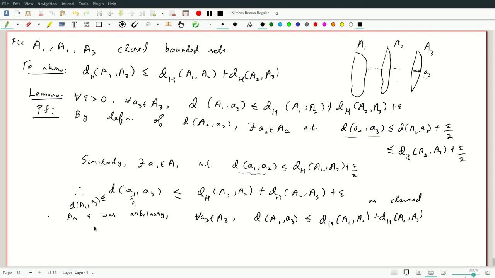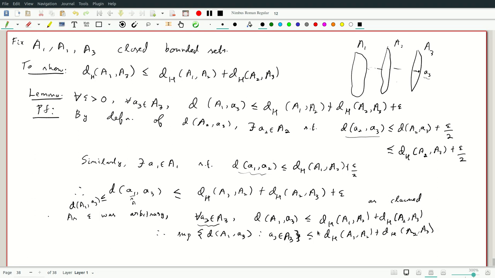Okay, and now as for all A3 this is true, therefore the supremum of this distance where A3 is in A3 is less than or equal to the sum of the Hausdorff distances A1 A2, A2 A3.